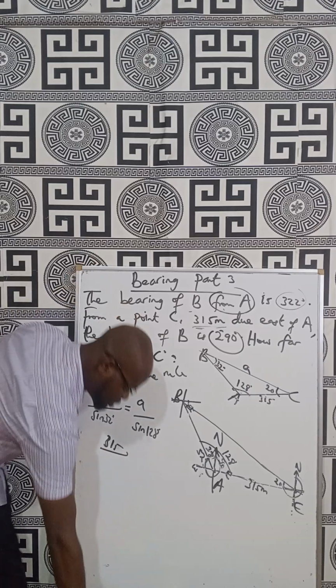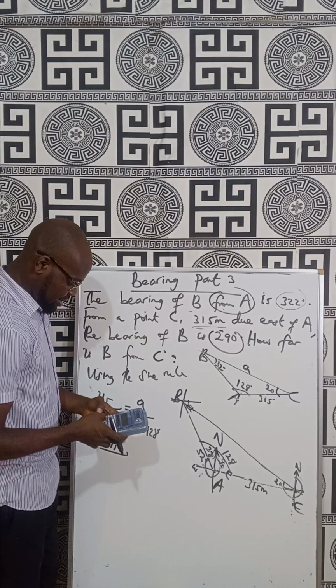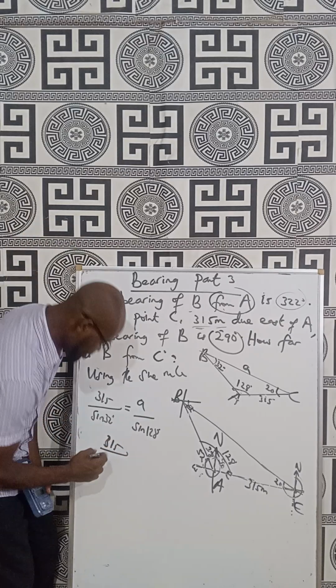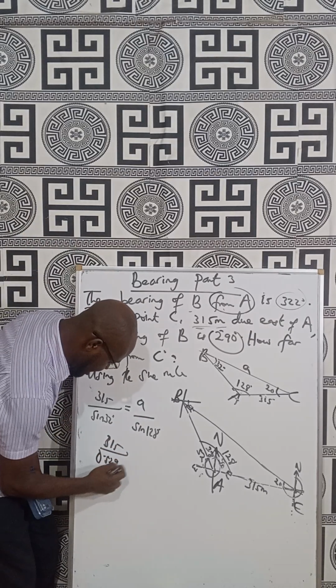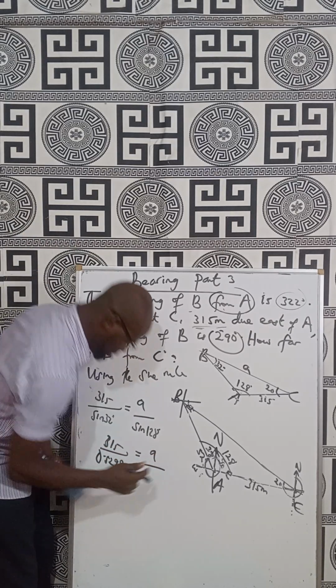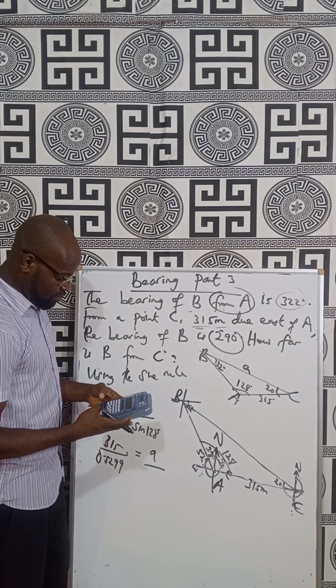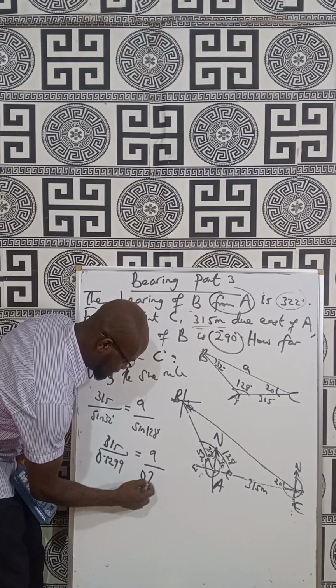So that's 315 over sine 32. What's sine 32 in the calculator? It's 0.5299, equals a over sine 128. Sine of 128 is 0.7880.